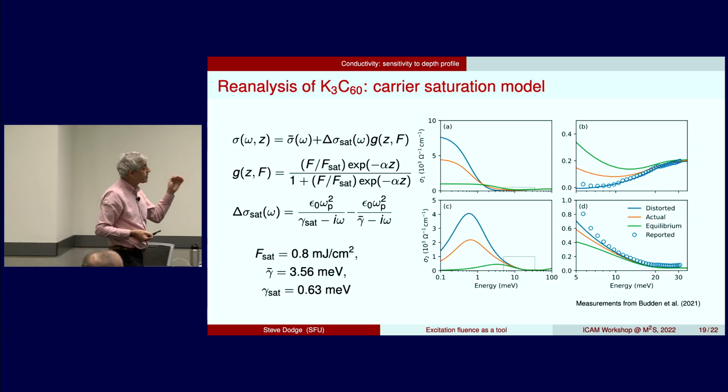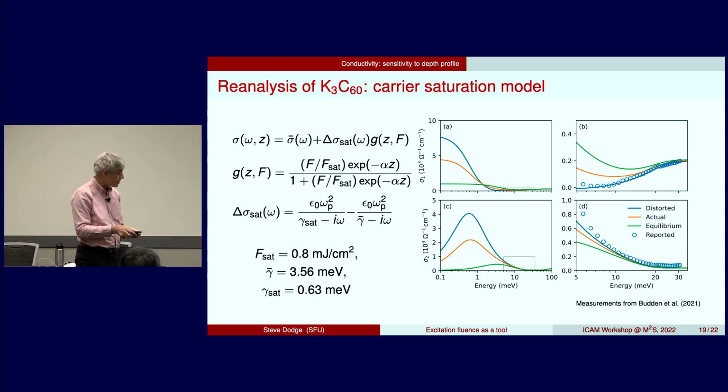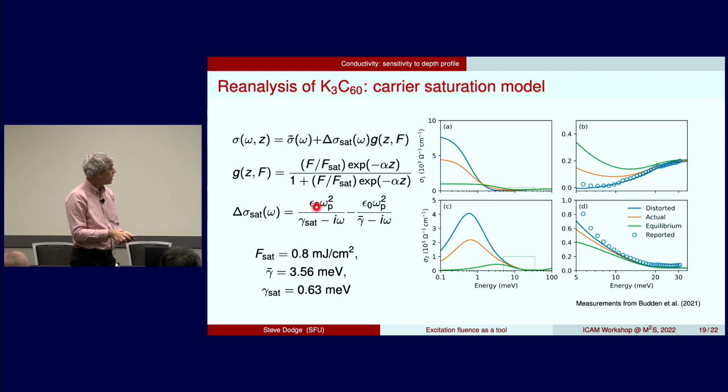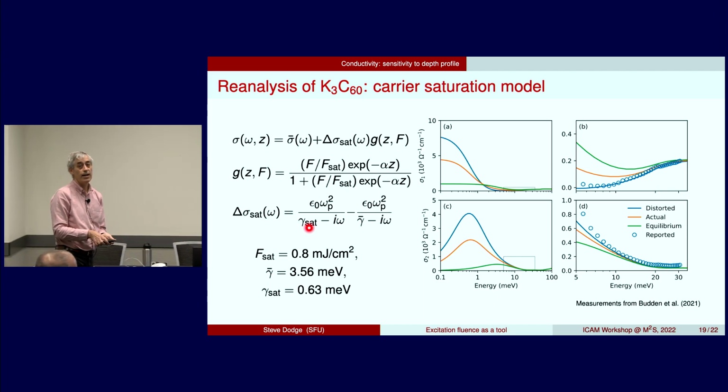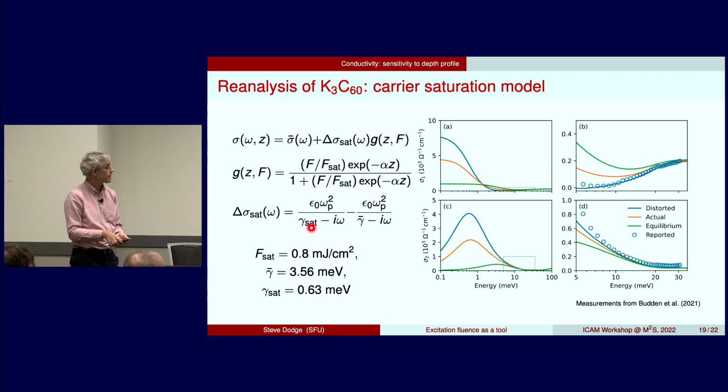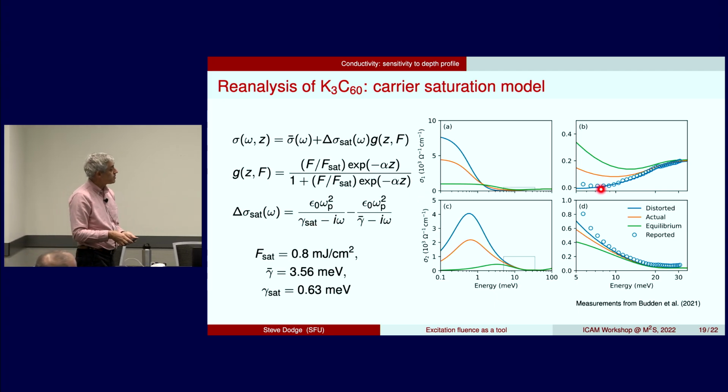If we now take a saturation form where we just assume that you go to some saturated value of a Drude peak with some unknown value of the Drude scattering rate, then what we can do is fit the distorted value of the curve under these assumptions to the published data.